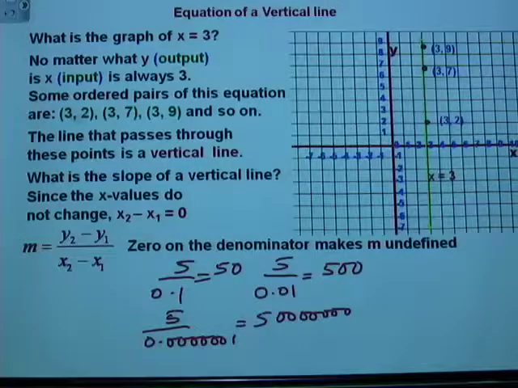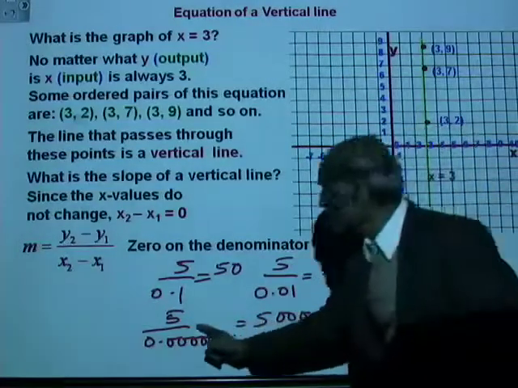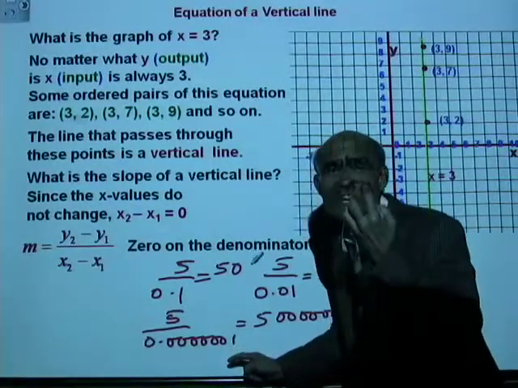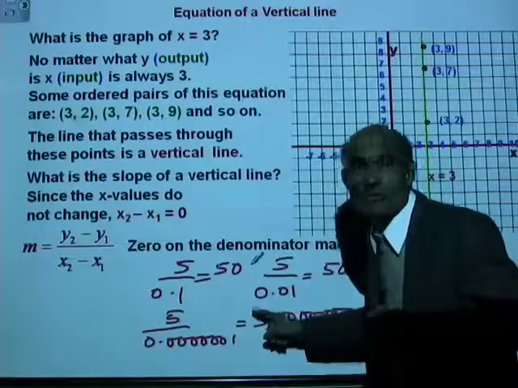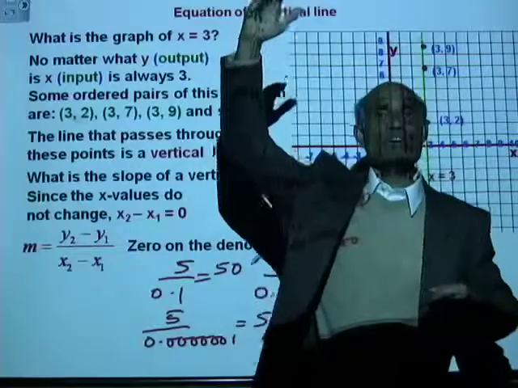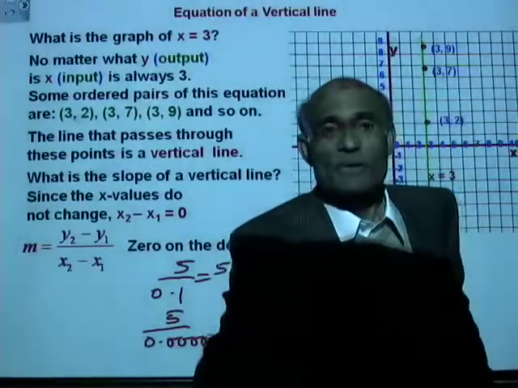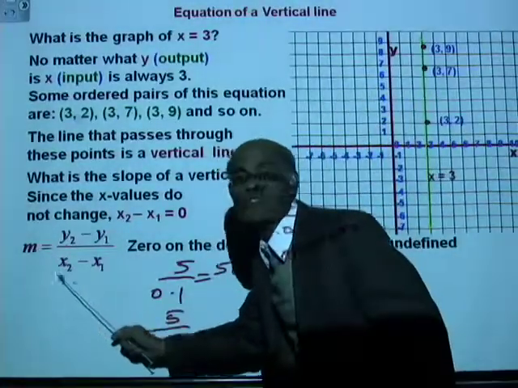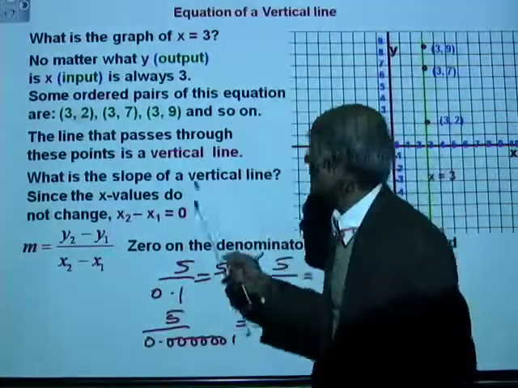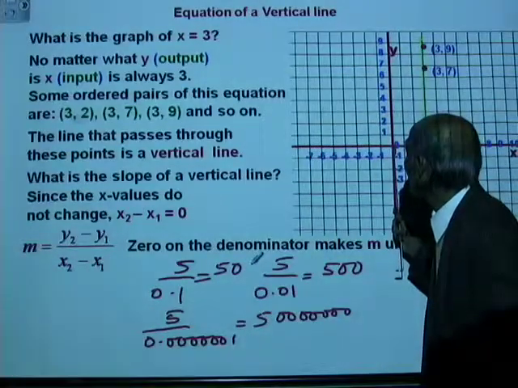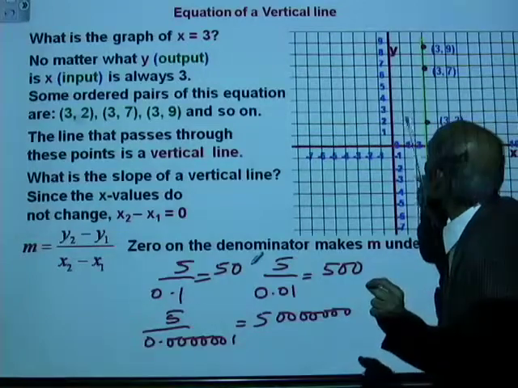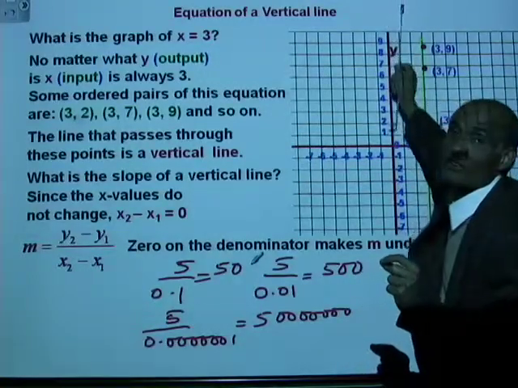Now, what is happening here is, as the denominator becomes very, very small, getting closer and closer to 0, the value of the quantity becomes very, very high. That means when the change in x is very small, the change in y there is very large.